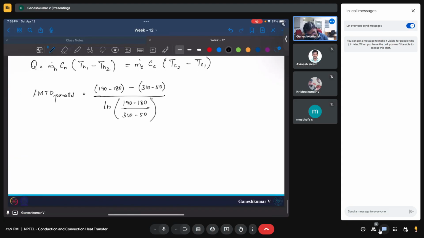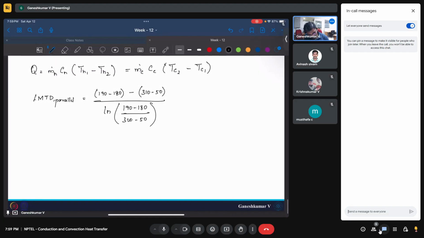So 10 minus 260, since 310 minus 50 is 260, divided by natural log of 10 by 260. This is coming out to be something like 76.73 degrees Celsius.